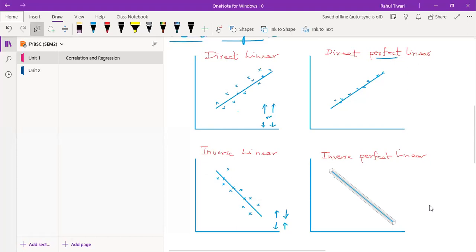Again, you can look at this data. Just a minute, I'll share the screen again. I think some disturbance on my screen.